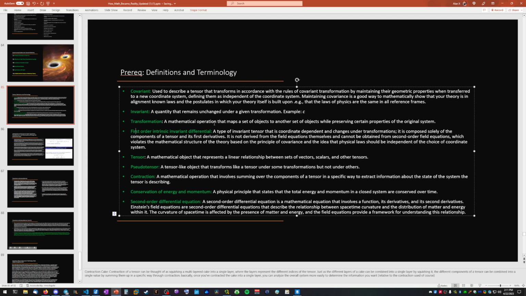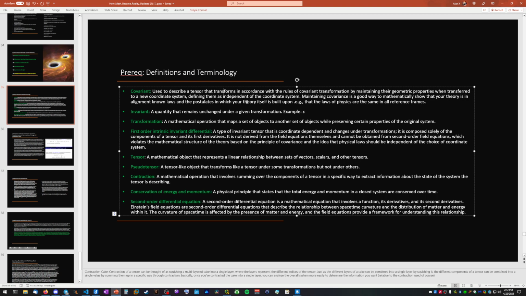Transformations: a mathematical operation that maps a set of objects to another set of objects while preserving certain properties of the original system. So, going back to how things are covariant, the transformations are how you change from one coordinate system to another.